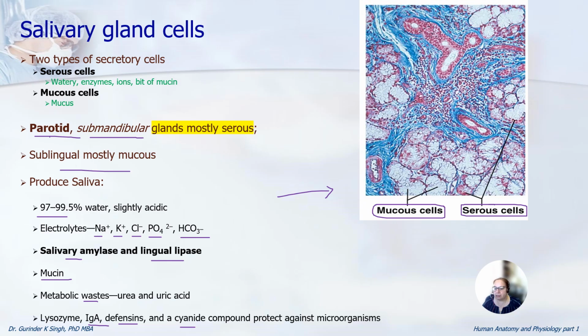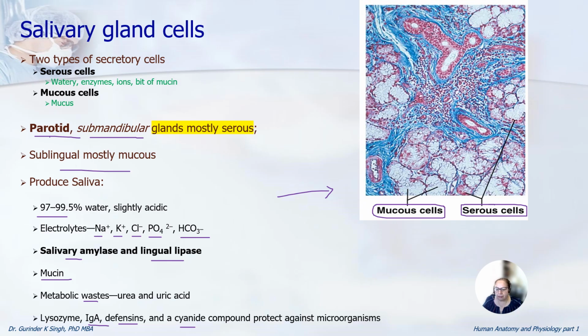The second type are the serous cells, which produce watery saliva with enzymes, ions, and a little bit of mucin. The parotid and submandibular glands are mostly serous cells, and the sublingual is typically mucus cells.